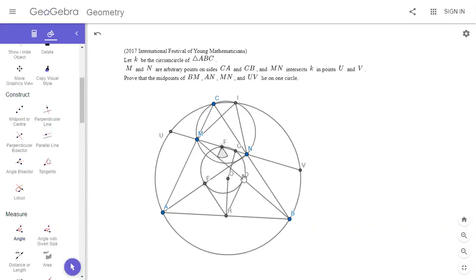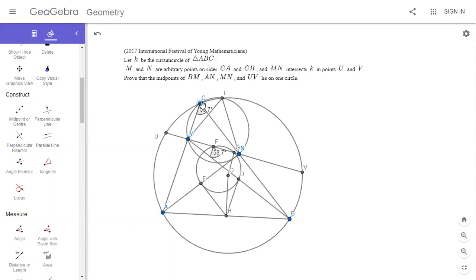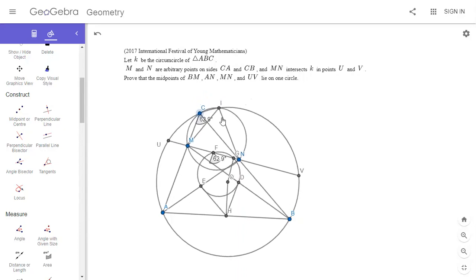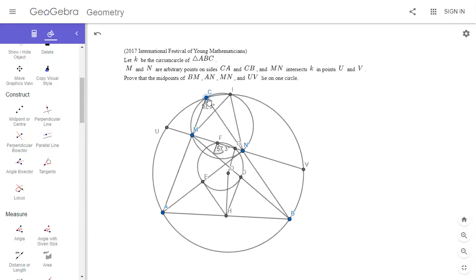So that's 60.7. Oh, so yeah, EFD. It looks like angle EFD is equal to angle ACB. I know I did this on my channel before, right? I definitely did this on my channel. That's obvious, maybe because FE is parallel to CA and FD should be parallel to BC. Oh, it's really that easy.